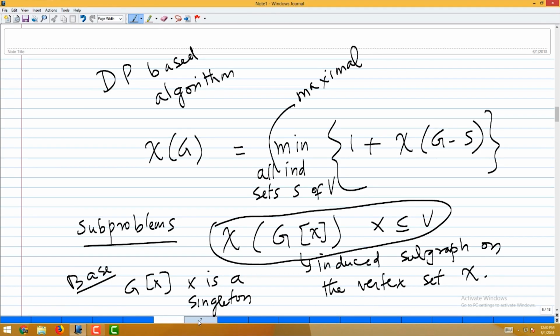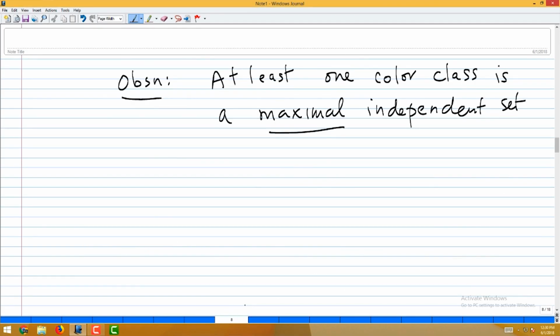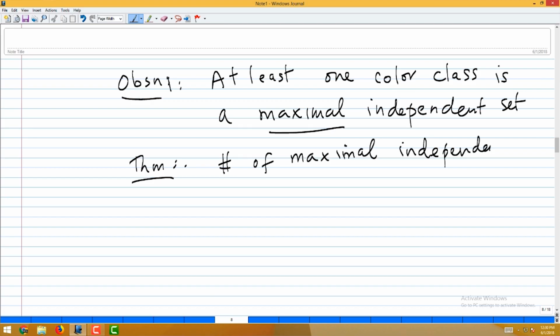One can prove, observation 1, this is a trivial observation: the number of maximal independent sets in any graph is at most 3 power n by 3. It is never 2 power n, it is much less than that.